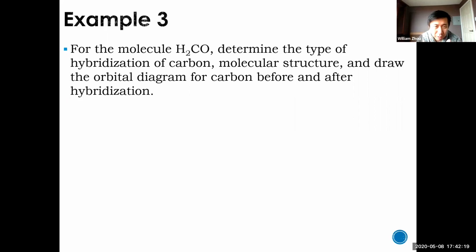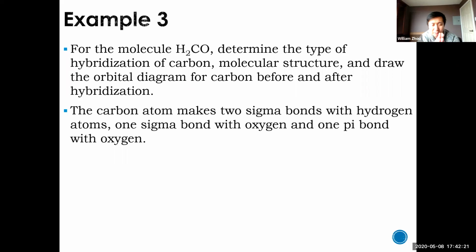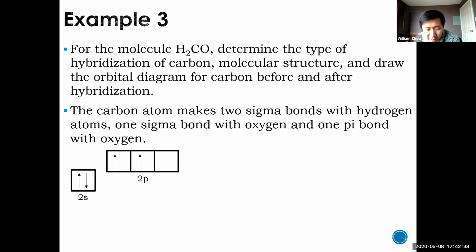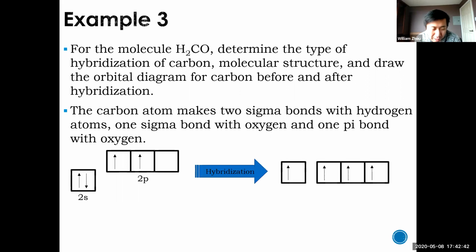But once you do, you're going to realize that the carbon makes 2 sigma bonds with the hydrogens and a double bond with the oxygen, so a sigma and a pi with the oxygen. So that's a total of 3 sigmas and 1 pi. And in order to get 3 sigmas and 1 pi, well, you hybridize, you move the s electron into the p.